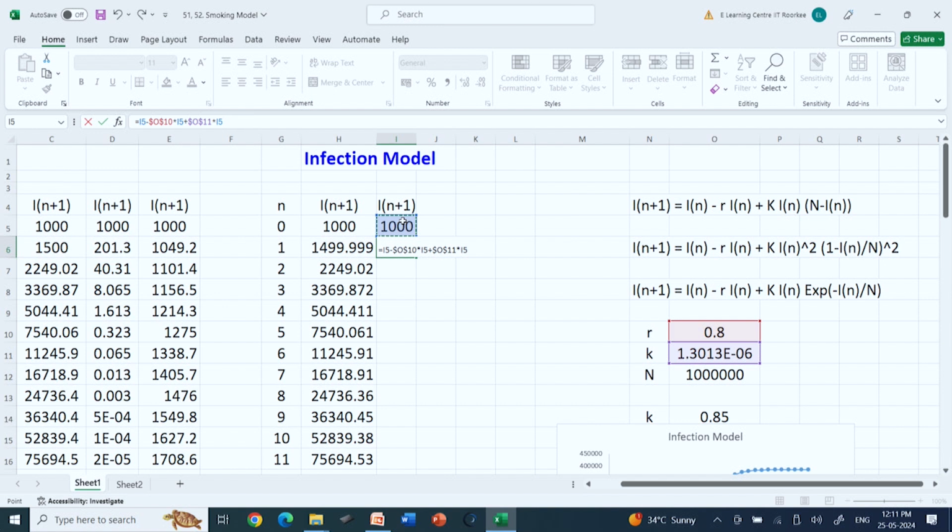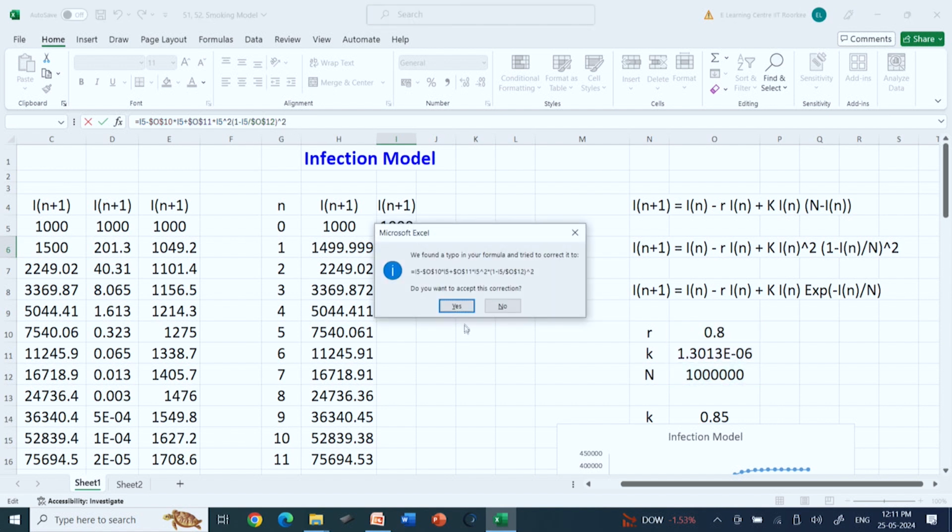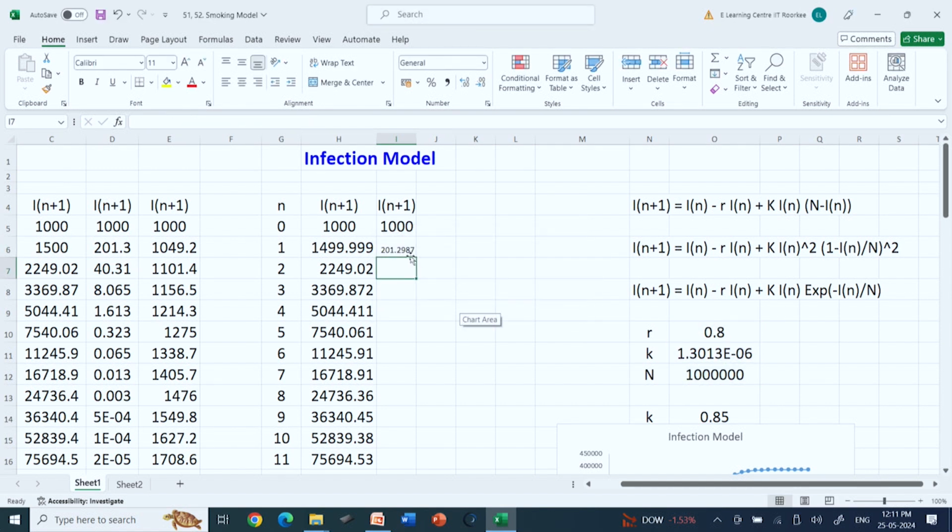So, this I n square, open a bracket, 1 minus I n divided by n, again a constant, and square. So, you get some value, you just drag them.